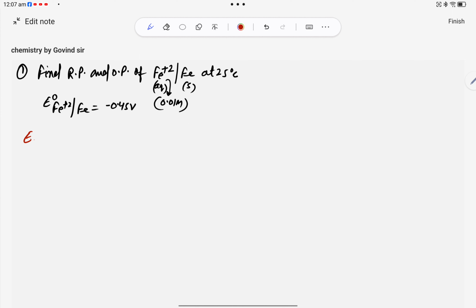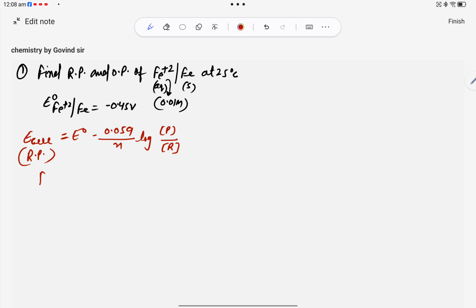We know the formula. E cell is equal to E naught minus 0.059 upon N log P upon R, base 10, I am not writing again and again. So in this case it is what? Reduction potential only according to IUPAC.